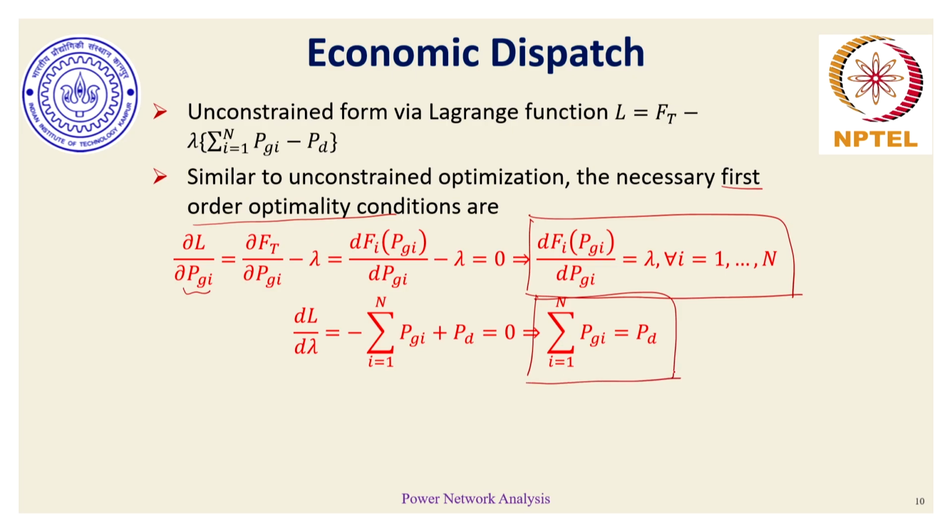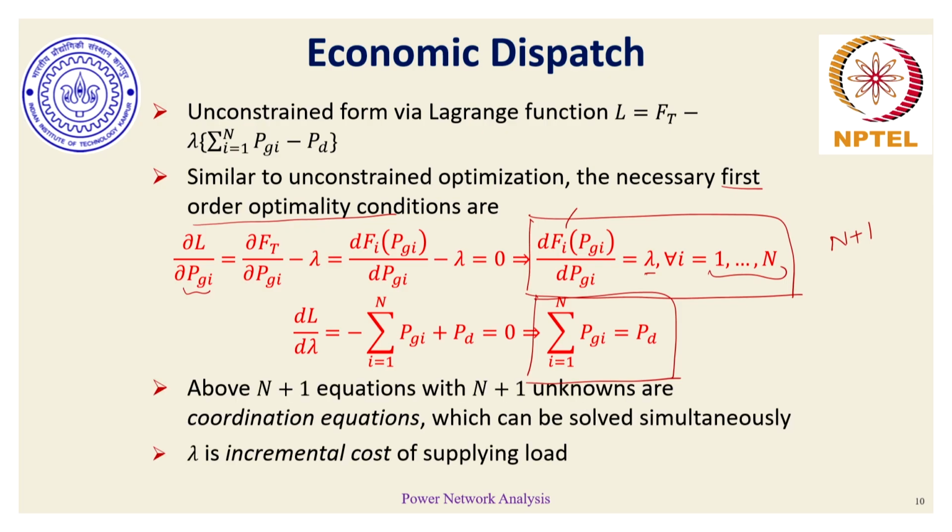We have n plus 1 unknowns: n PGs and 1 lambda. We have n plus 1 equations, and since all our cost curves are smooth, continuous and differentiable, we can easily solve them and get our solution. These equations also have a good name, known as coordination equations.